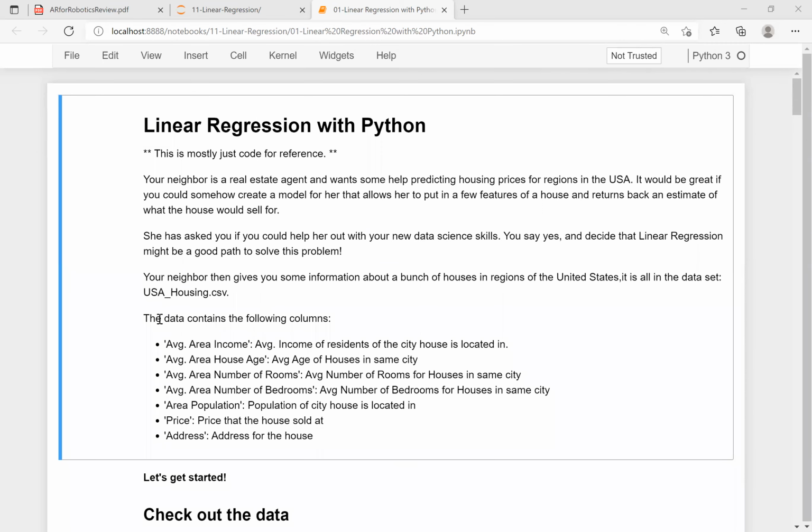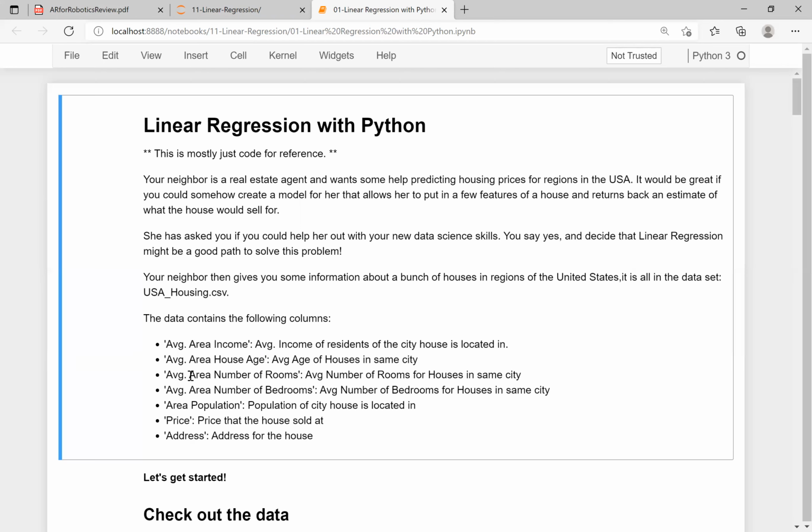So the data contains the following columns. We have data collected in the form of rows and columns. My columns are the different features on which a house price may depend, like average area income, average area house age, so what is the age of the house mainly, and average area number of rooms.